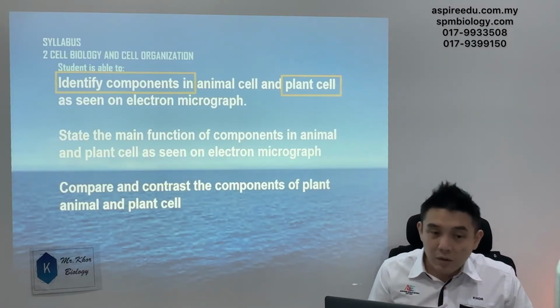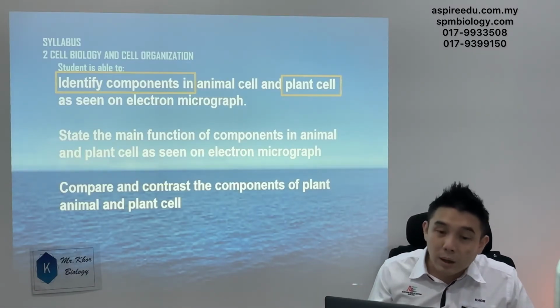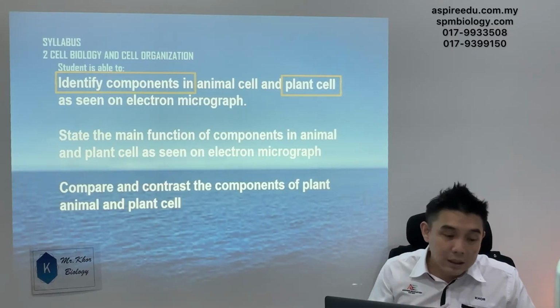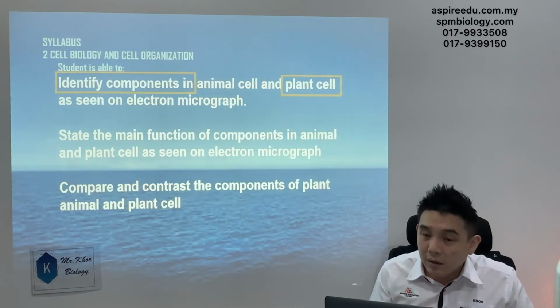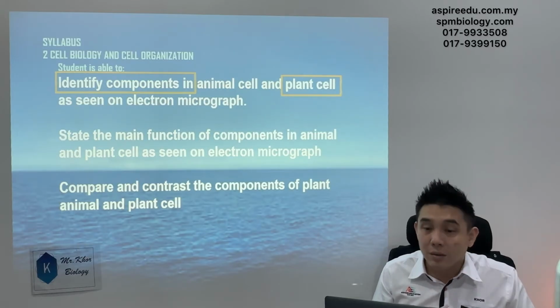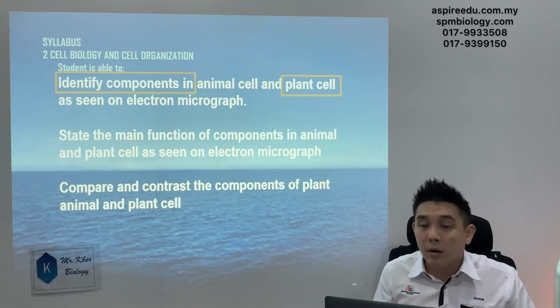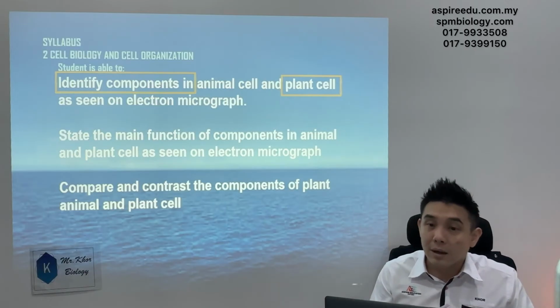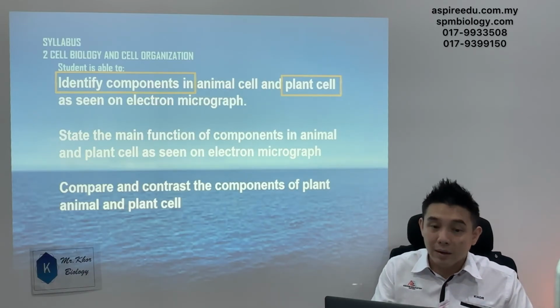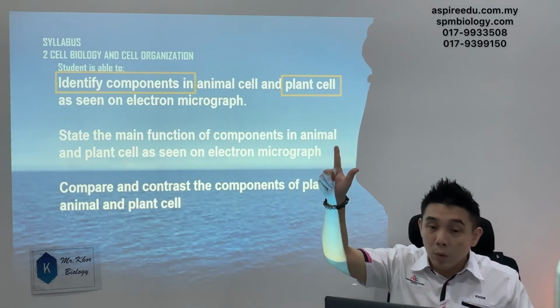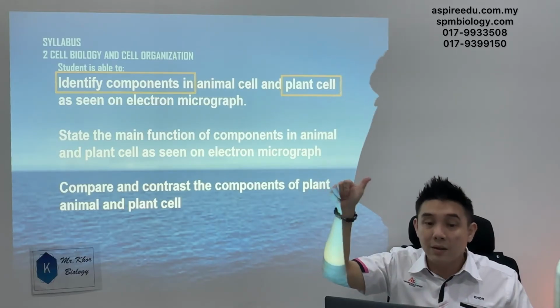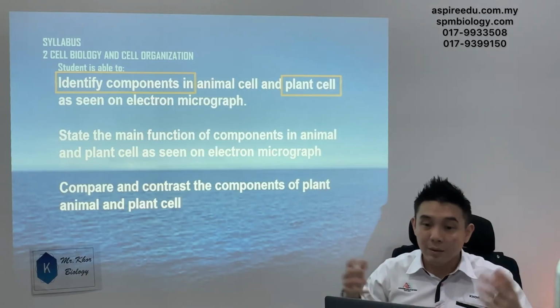Last part of the organelles before we hop into the function. Guys, I want to ask you, plant cells, what organelles do plant cells have that animal cells don't have? Yeah, three things: cell wall, chloroplast, and vacuole. Easy question.